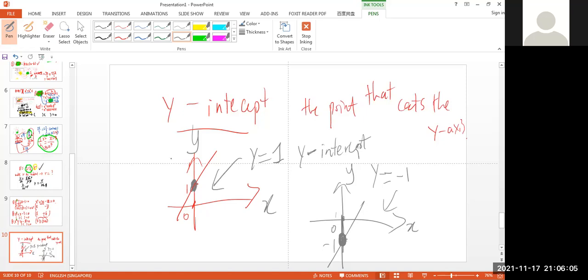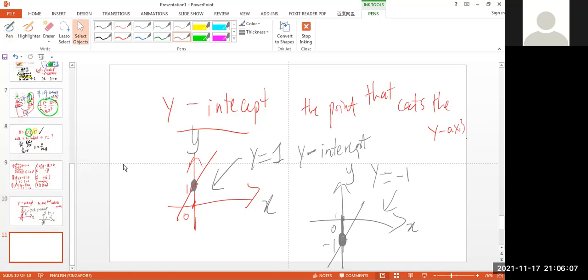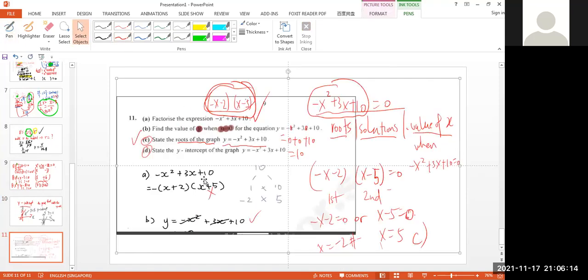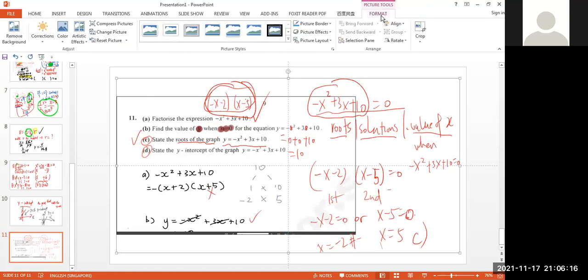So now for this question, you need to find out where the curve cuts the y-axis.